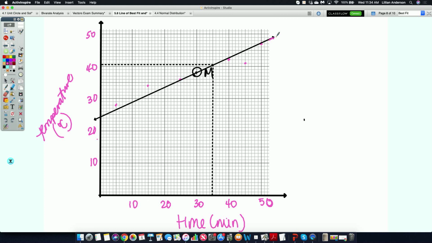Let's extend this. 55 would be somewhere up here. It's actually about the same spacing. For me, I would say it would be about 60 minutes for the car having sat out there to reach 55 degrees Celsius.